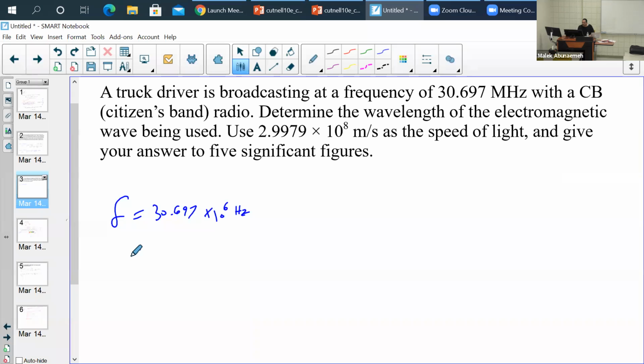What we're looking for, we said to use 2.9979 for the speed of light, times 10 to the 8th power meters per second, and we are looking for your wavelength.